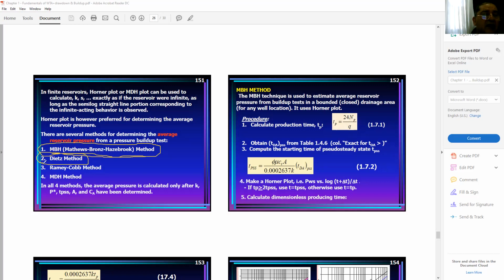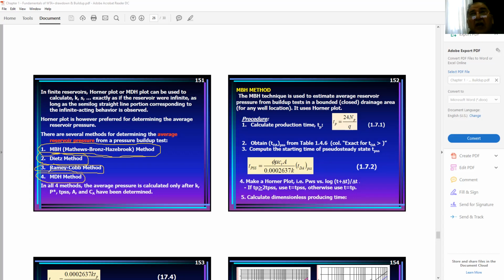The third one is the Ramey-Cobb method. The fourth one, MDH, Miller-Dyes-Hutchinson. So basically, we have four techniques to calculate average reservoir pressure. They are MBH, Matthews-Brons-Hazebroek, Dietz method, Ramey-Cobb method, and MDH, Miller-Dyes-Hutchinson.